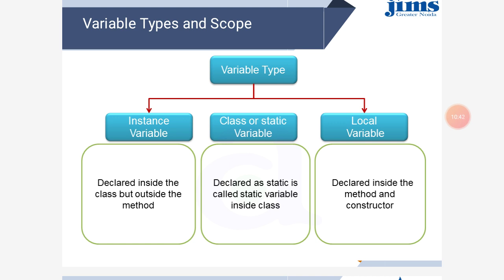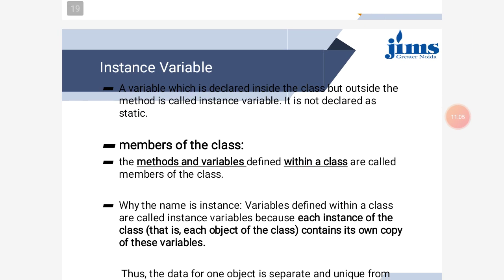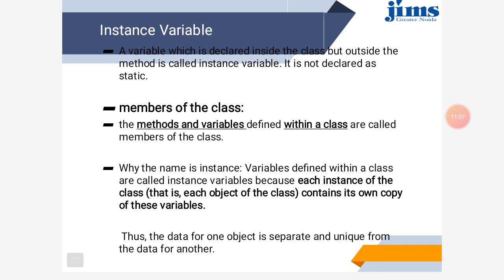Second category is class or static variable. It is declared inside the class. And third is local variable, declared inside the method and constructor, and outside the method its scope finishes. So if we talk about instance variables, as we said, instance variables are actually attributes of a class.